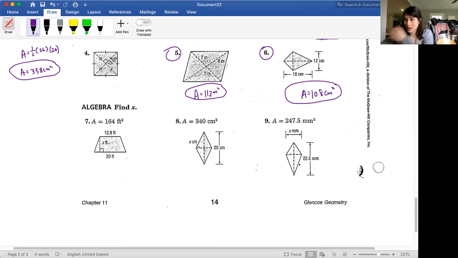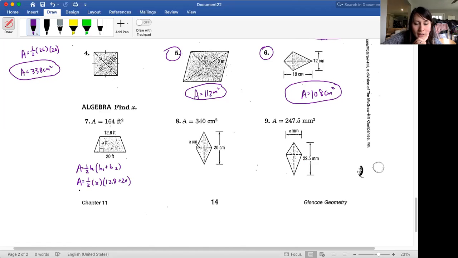Looking down at 7, 8, and 9, we have to work backwards to find the missing part, finding the variable. I'm going to use the same equation: area equals 1/2 times height times base 1 plus base 2. Now I'm going to plug in the information we have: 1/2 times x, the height, times 12.8 plus 20.